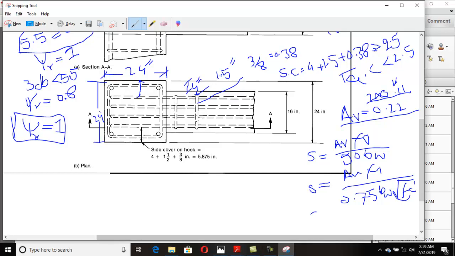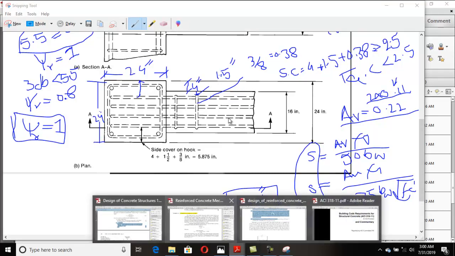You also check it from d by 2, so you will get the minimum one, and that will be your desired S. When they calculated it in the book, they get 11 inches.